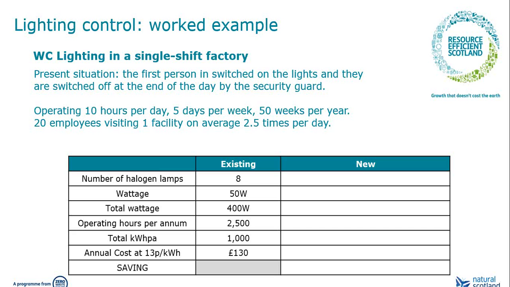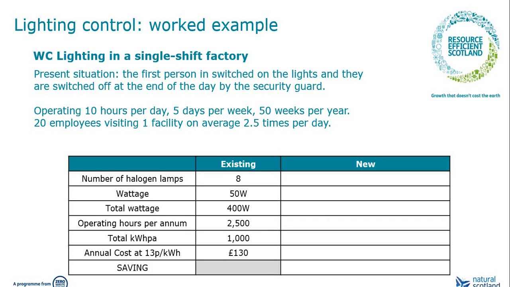So in the WC we start out with 8 halogen lamps, that's a kind of halogen spot type, each of a wattage of 50 watts. So we have a total wattage of 400 watts or 0.4 kilowatts. And just by multiplying up 10 hours per day by 5 days per week by 50 weeks per year, we get 2,500 operating hours per annum.